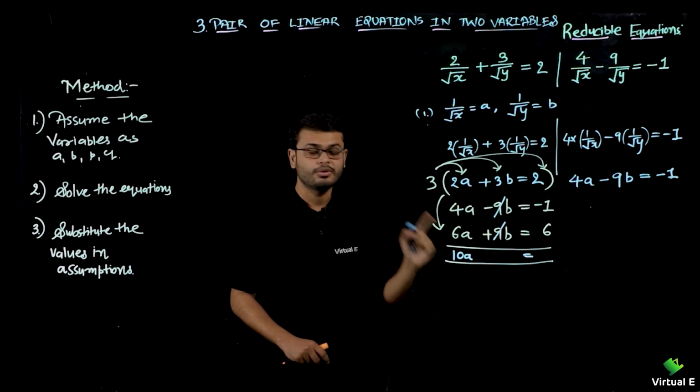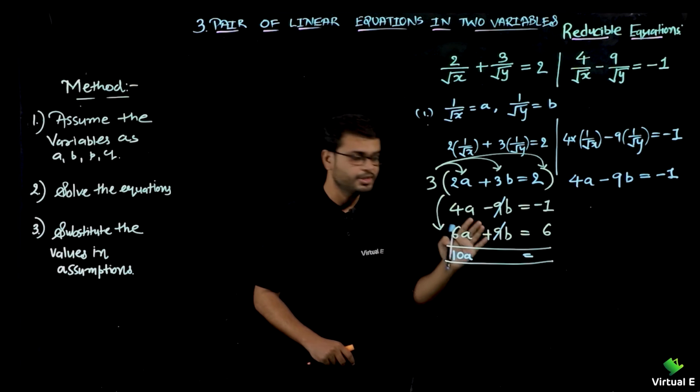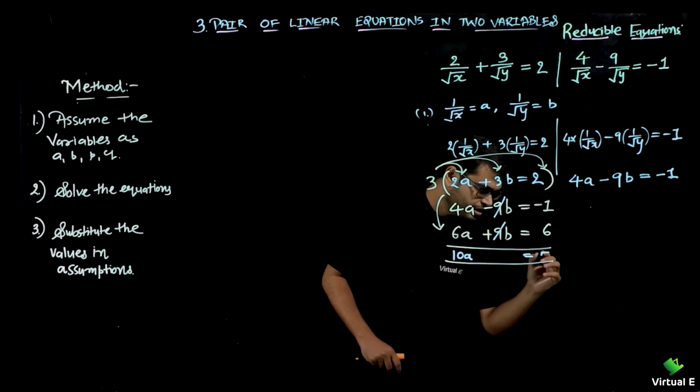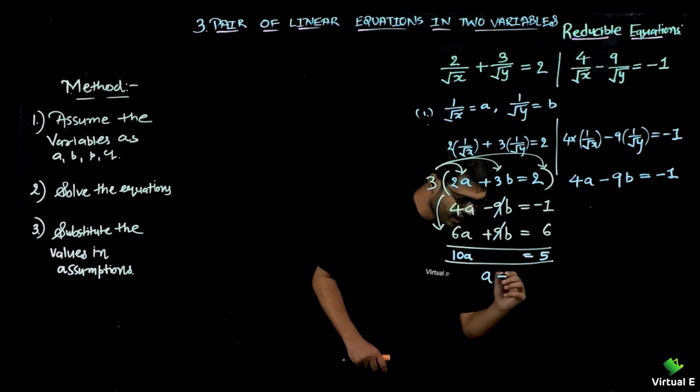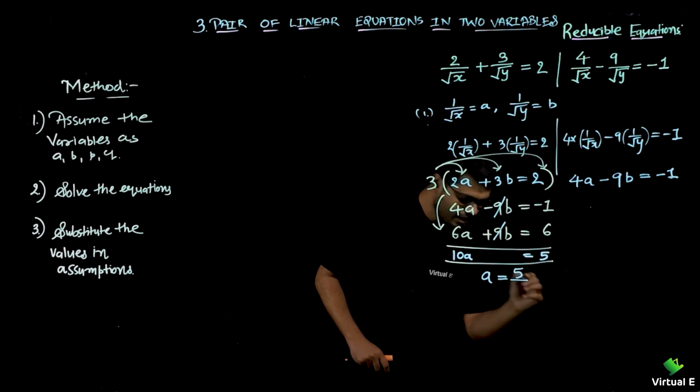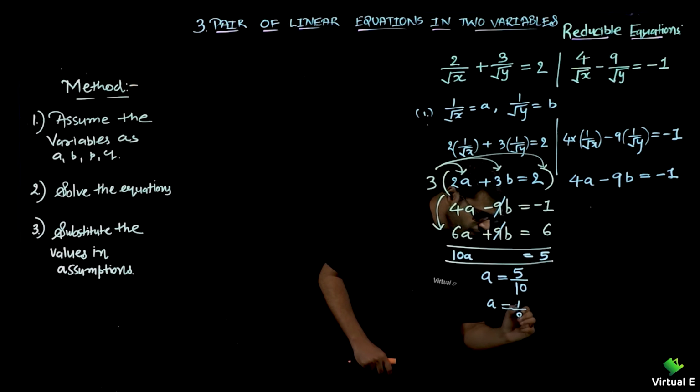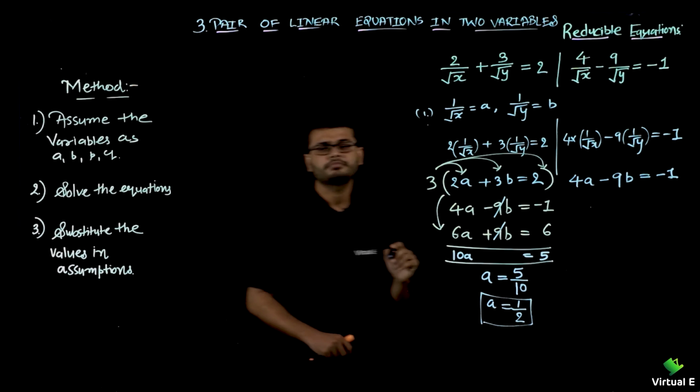Follow simple rules of integers, simple calculations. So that will be 5. If I want the value of a, that will be 5 and 10 will go into the denominator. So a is equal to 1 over 2. That is my solution for a.